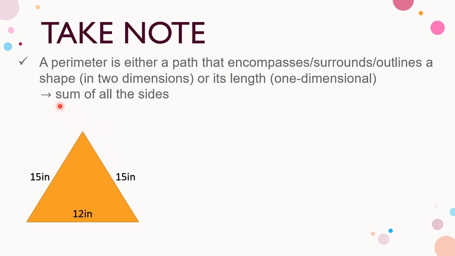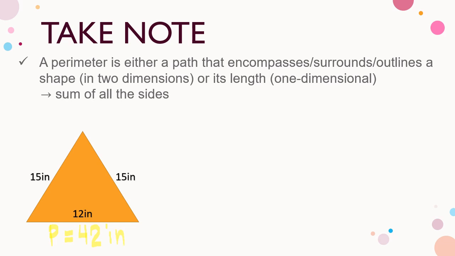And with that, we can apply the formula instead for perimeter, and simply we can have the sum of all the sides. So with that, we can have 15 plus 15 plus 12. Therefore, our perimeter, simply adding all of this, is equal to 42 inches. And we're done.